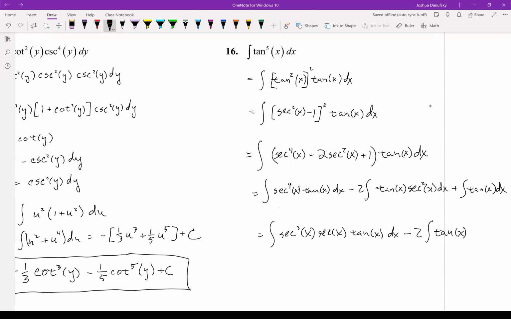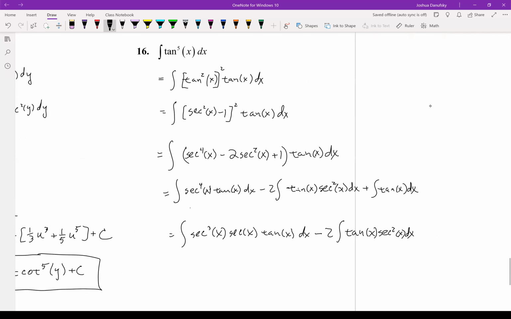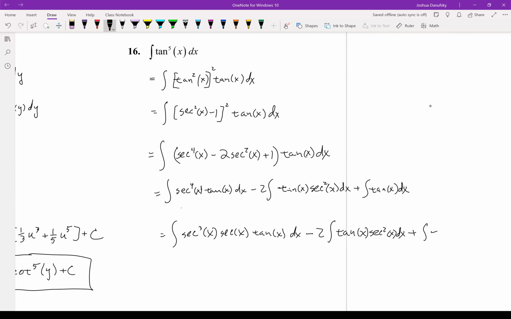Let u equal tangent, du is secant squared dx. And then finally, your integral of tangent, you might have this memorized, or you can go ahead and change it to sine over cosine and then do u sub. So that gets you most of the way there. There's number 16, and you can finish it up on your own.